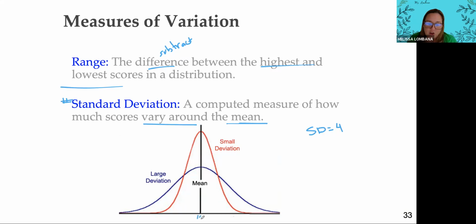So if this is 100, and my standard deviation that they calculated by some way, which we don't need to know about or worry about, is 4, that means that my other main points are going to be 4 points away. So if this is 100, this would be 104, and this would be 108.